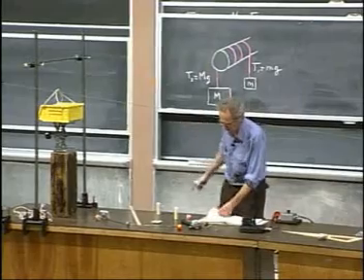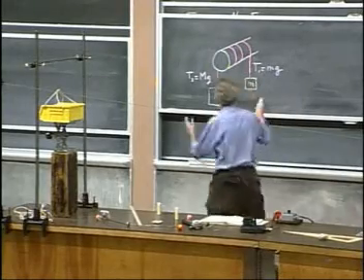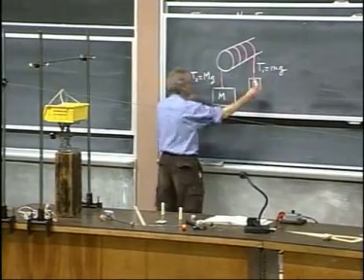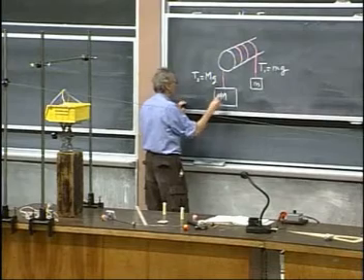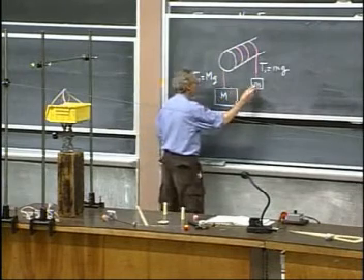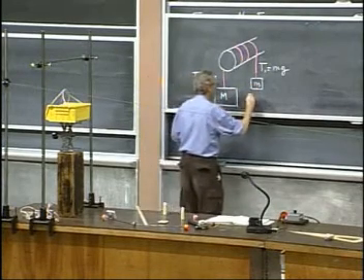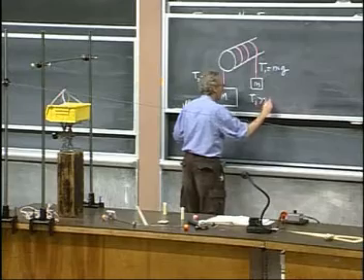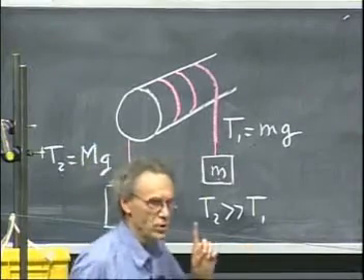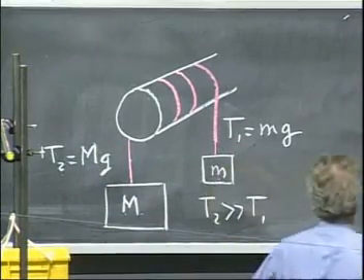However, if we make use of the friction, then we can have a stable situation, static equilibrium, so that this one is not moving and this one is not moving, and then we can have T2 be way, way larger than T1 by using friction to our advantage.